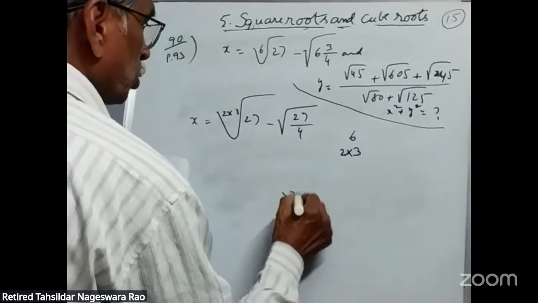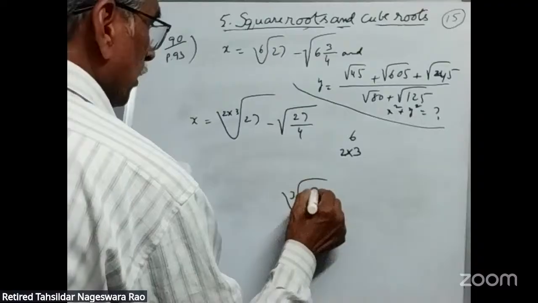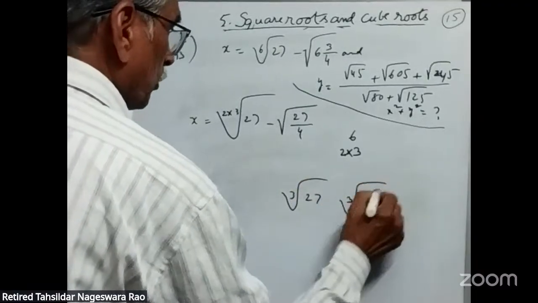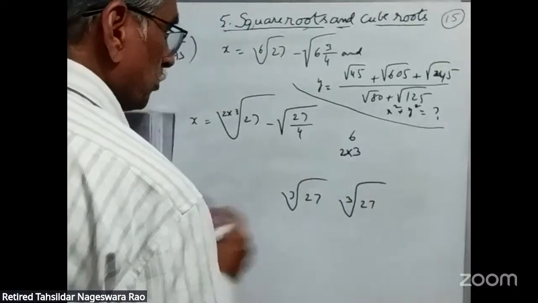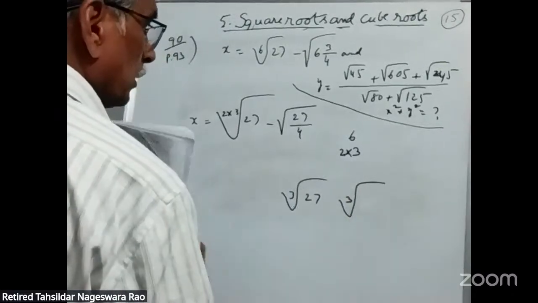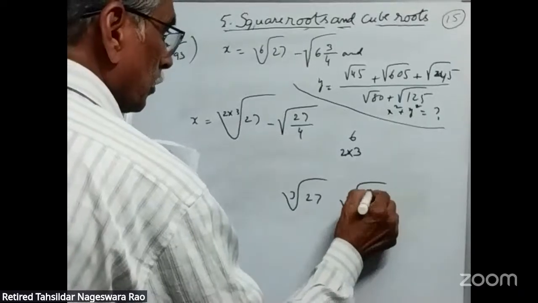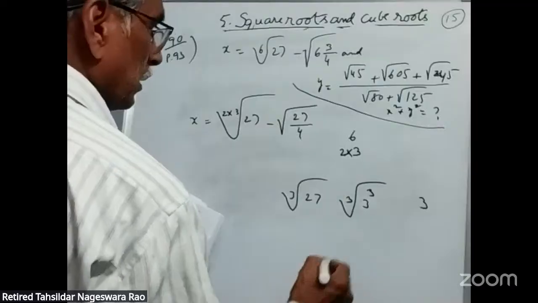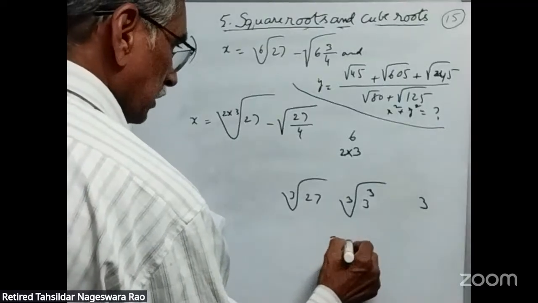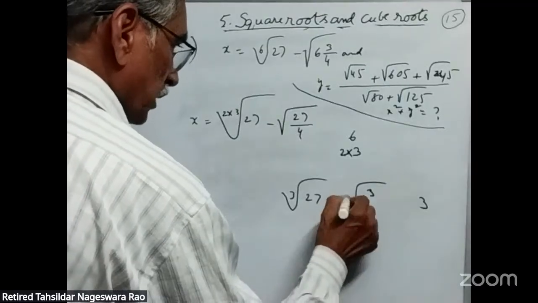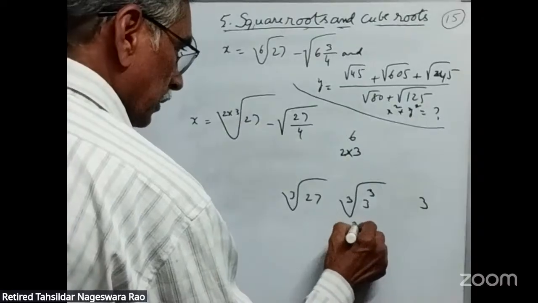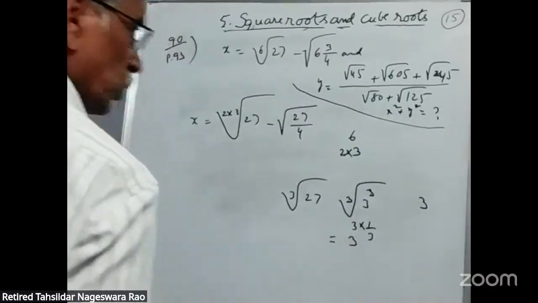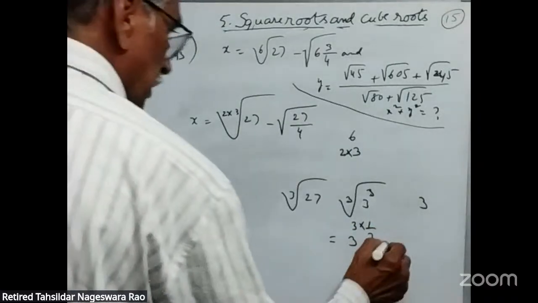I have told you about the cube root of 27. How to find the cube root of 27: 27 is 3 cube. The cube root of 3 cube means the answer will be 3 only. In other words, the method is you can take 3 inside, and already 3 is there. This 3 will be into 1 by 3, so 3 to the power of 1. That's all, that is 3.